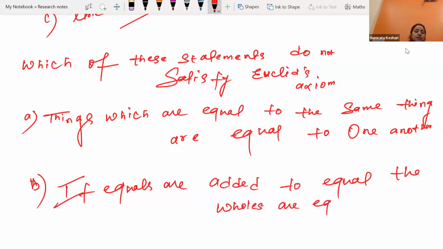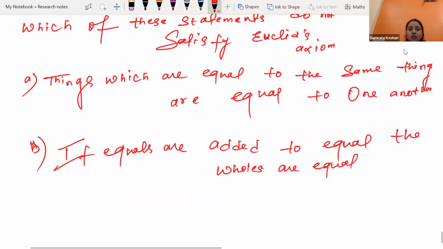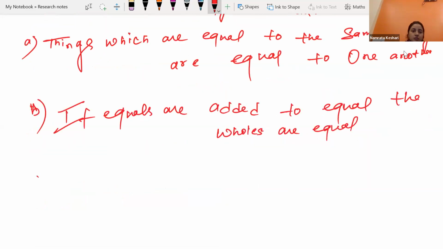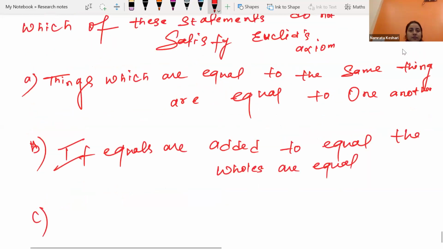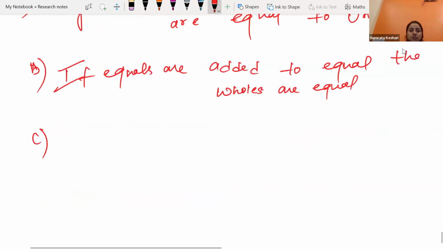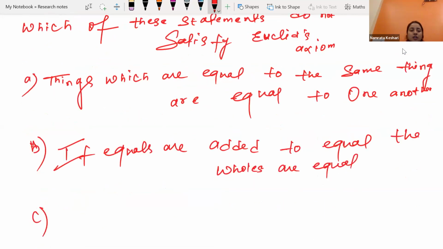Keep on reading the statements, and at last you have to tell me which is correct or not correct. Which do not satisfy? Which is not correct?